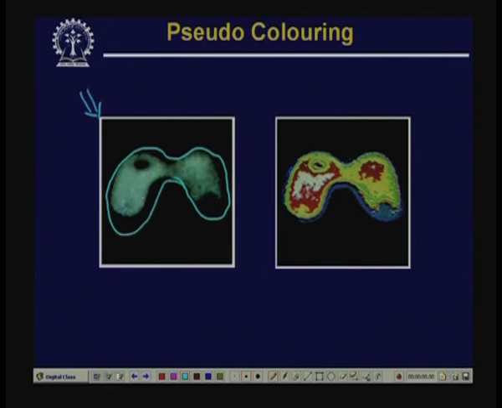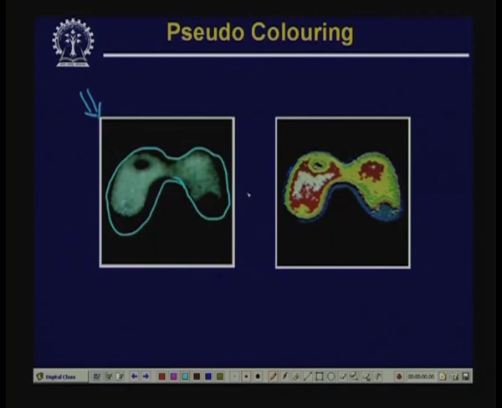That means I cannot distinguish between the different intensity levels present in this diagram. Whereas on the right hand side, with pseudo coloring, the different colors assigned to different intensity levels clearly tell us what the different regions of different intensity values in this black and white image are.